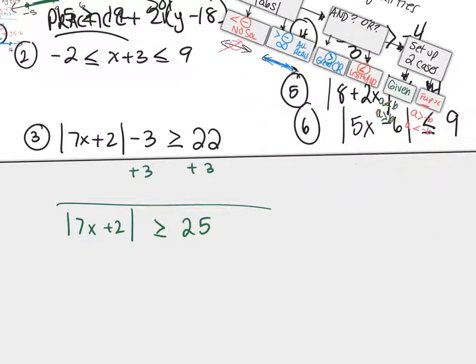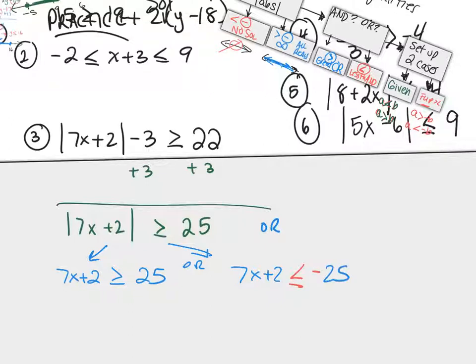So when I go to solve it, I know it's an or. And what are my two cases? 7x plus 2 is greater than or equal to 25, and 7x plus 2 is less than. Good. 7x plus 2 is less than, remember, flip the symbol, less than or equal to -25.